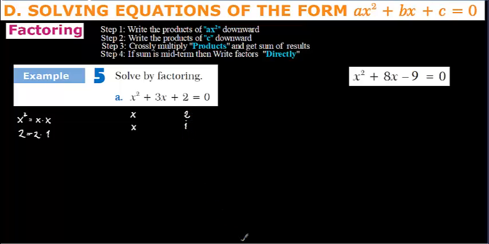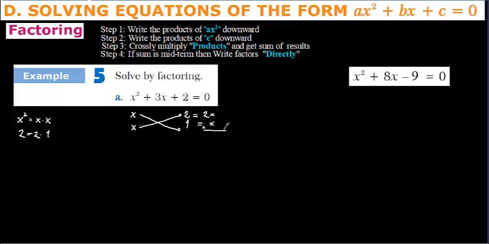Okay, we write like this. Then we crossly multiply them. Now I'm crossly multiplying them, and I'm going to write the results here. X times 2 is equal to 2x. X times 1 is equal to x.